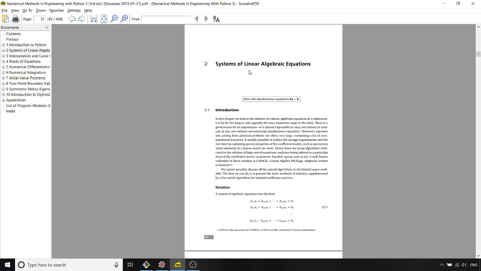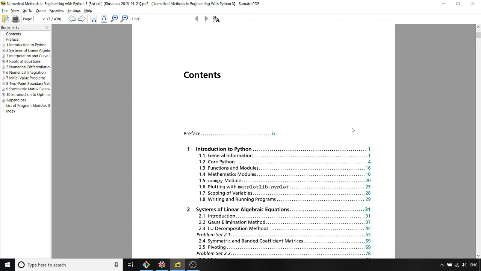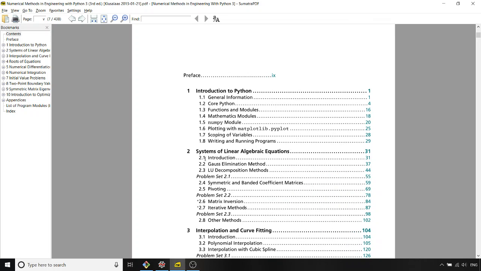We will talk about chapter 2, the beginning system of linear algebraic equations. So let me go to the content, and today we will basically talk about this part of the book.